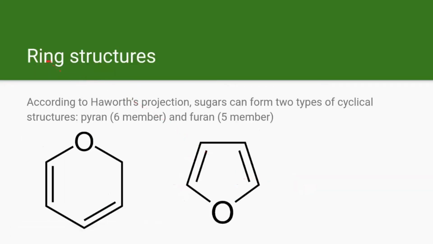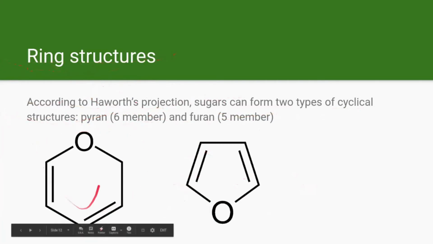Okay. So next we'll talk about the ring structures of monosaccharides. So we are using here something called Haworth projection. According to Haworth projection, sugars can form two types of cyclical structures: pyran, 6-membered, which is this.